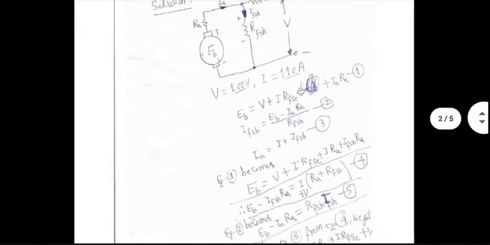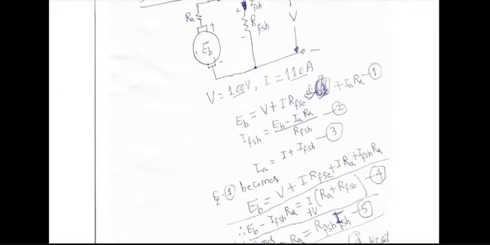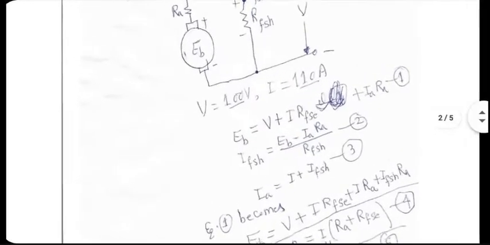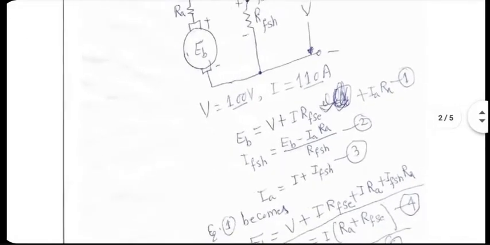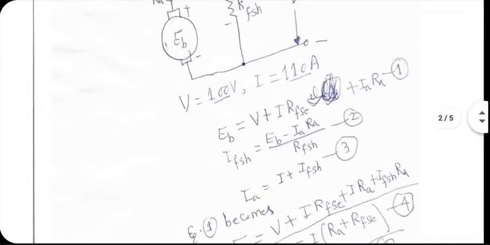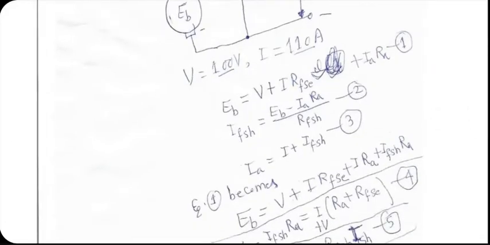Equation 1: EB equals V plus I times RFSE plus IARA. Remember, I is related to IA and IFSH. So I'm going to use that. IARA will become I RA plus IFSH into RA, right?